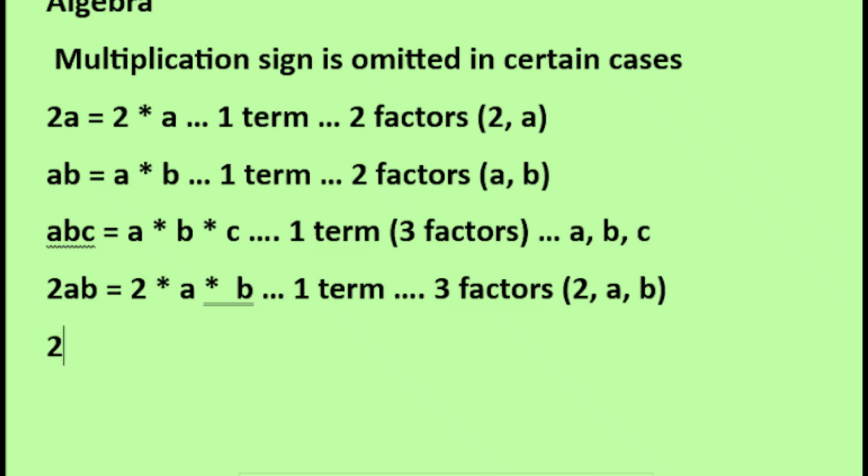So, 2a plus bc plus 4. How many terms? 3 terms. So according to the name, it should be a trinomial.